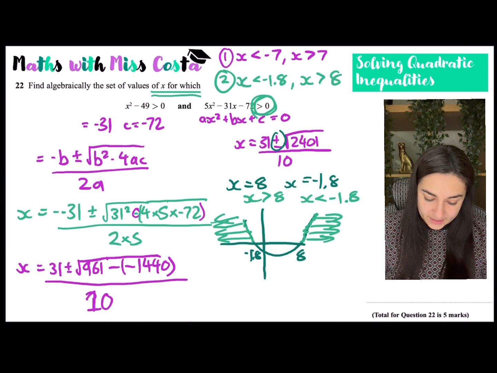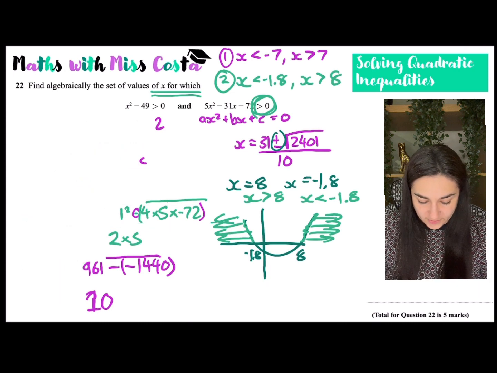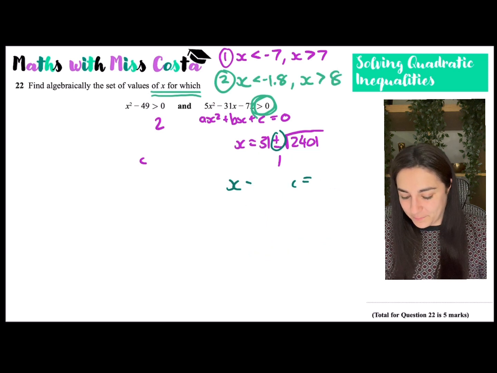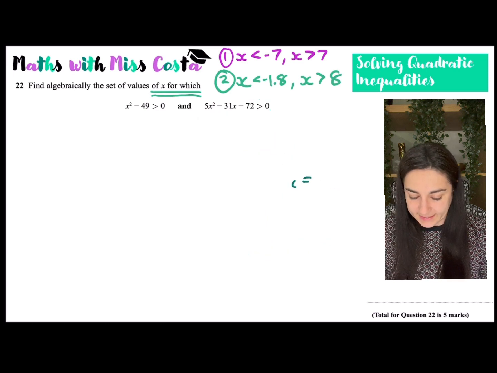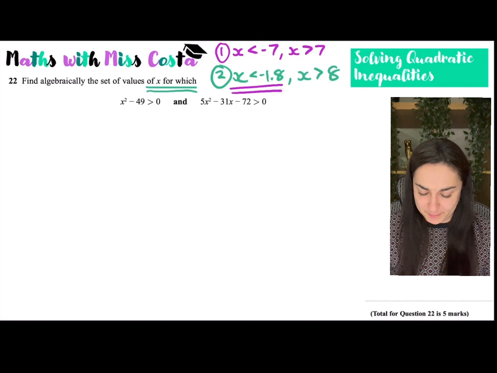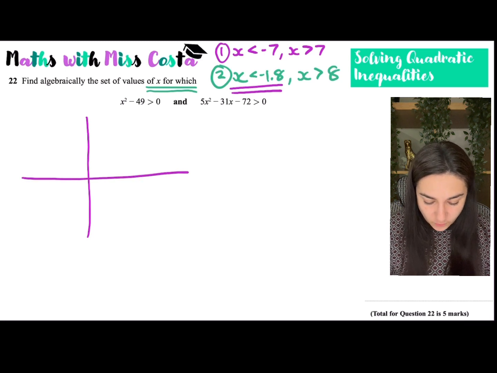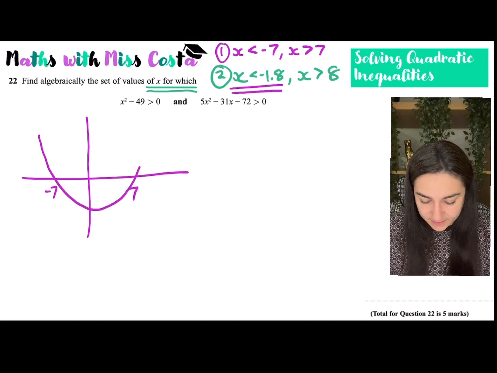So now I can look to see what would satisfy both of these inequalities. Okay, so that just flipped out somehow. So if I just draw a quick sketch of my graphs. Remember, I've got one of them where it's 7 and negative 7.